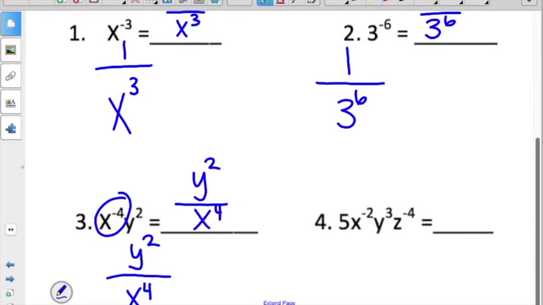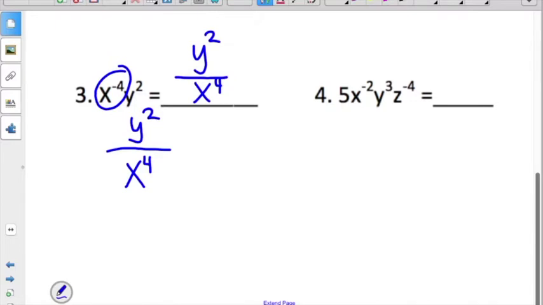For number 4, anything with a negative exponent is going to go in the denominator without the negative sign. The first one is x to the negative 2nd power, so we're going to remove the negative. So that one's x to the 2nd power, and it's going to be in the denominator. We also have z to the negative 4th power.